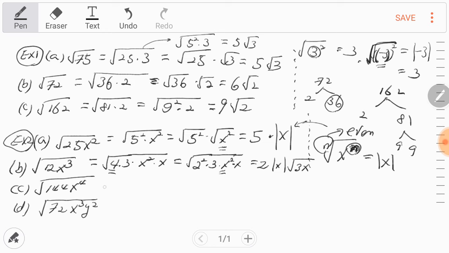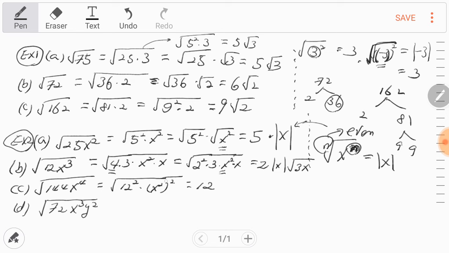Okay, let's try the next one. 144 is 12 squared. And x to the fourth power is what? x squared squared, since 4 is 2 times 2. From the factor 12 squared, we can take the base 12 out because the power is 2, the same as the index.